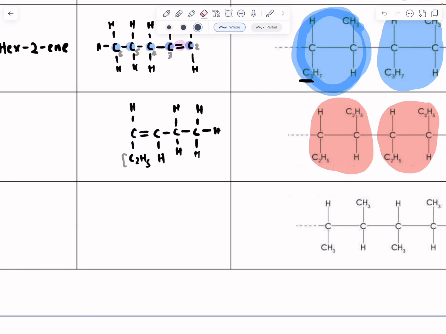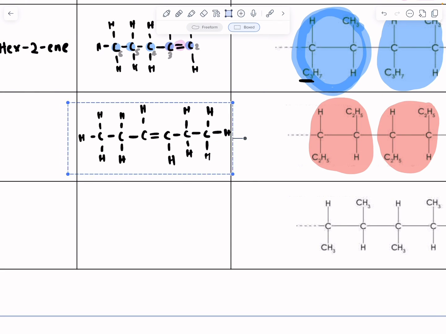Cool. And then I'm going to move this C2H5 over here. C2H5. Boom. And what is the name of this monomer structure?